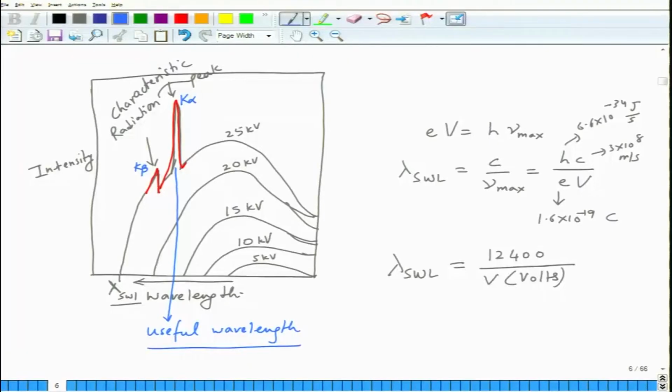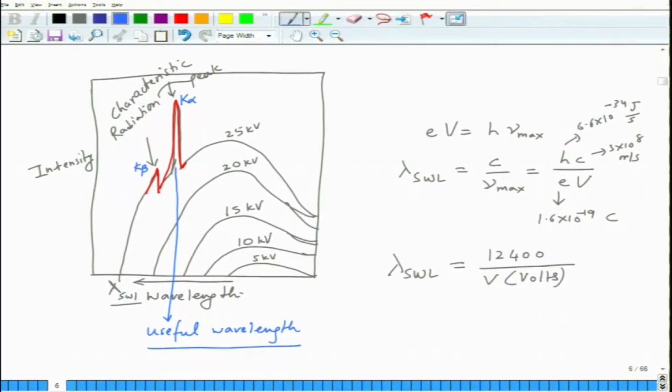An M to L transition will be far lower in energy as compared to, let's say, a transition from M to K. So this is all dependent upon the probability of transition, and a lot of factors determine it. But nevertheless, what we get is K alpha radiation with very high intensity corresponding to a wavelength which is useful in nature.